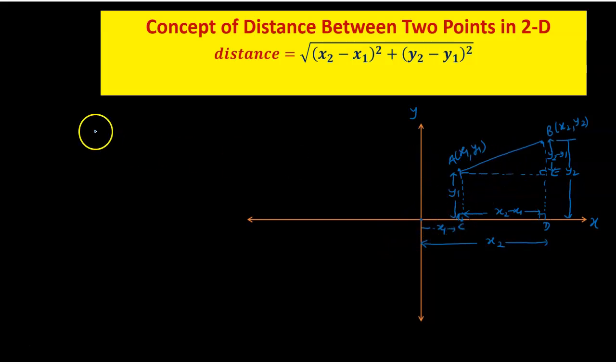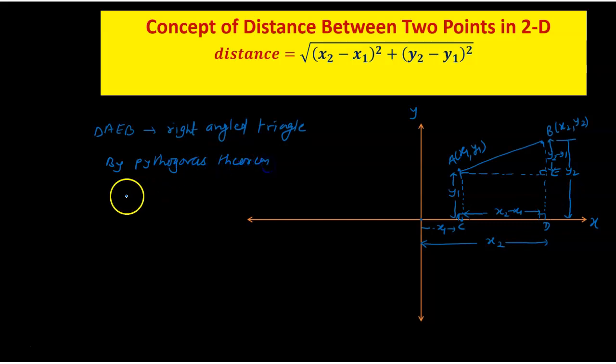Now consider triangle AEB. This is a right angle triangle. If this is a right angle triangle, then the Pythagoras theorem can easily be applied. So by the Pythagoras theorem, what can we write?